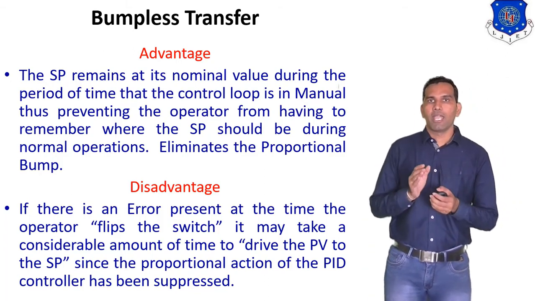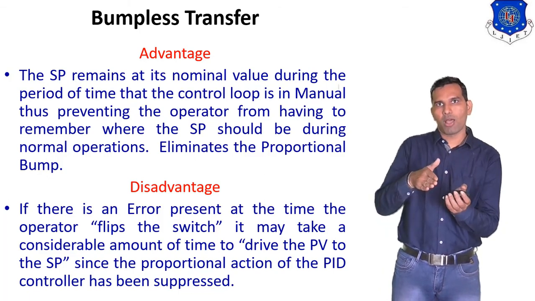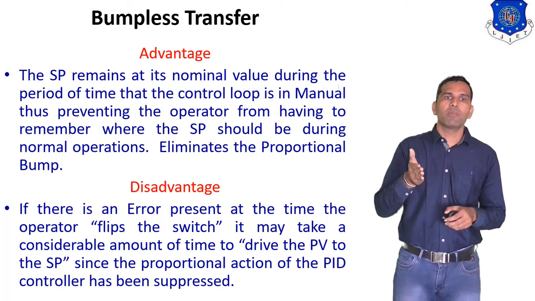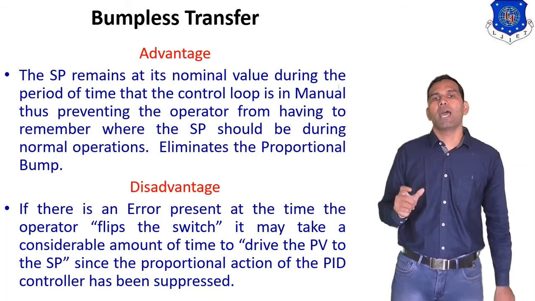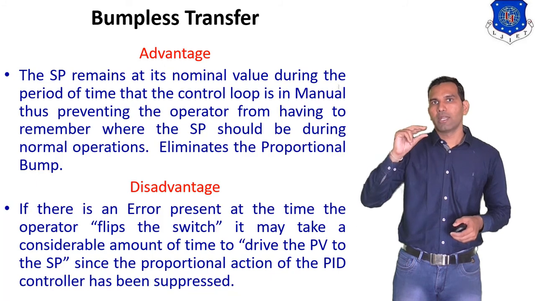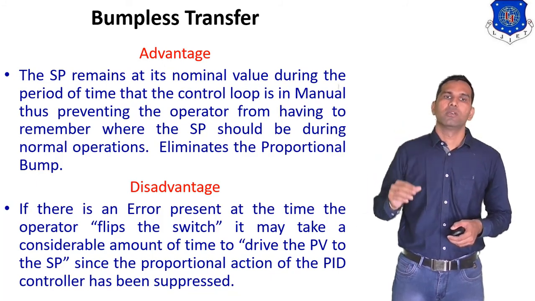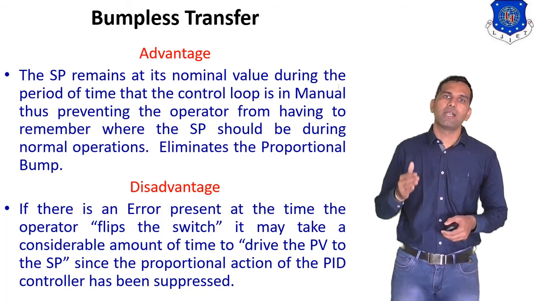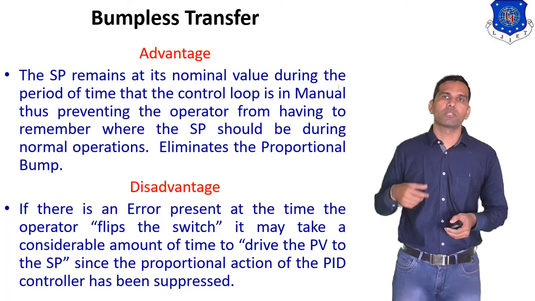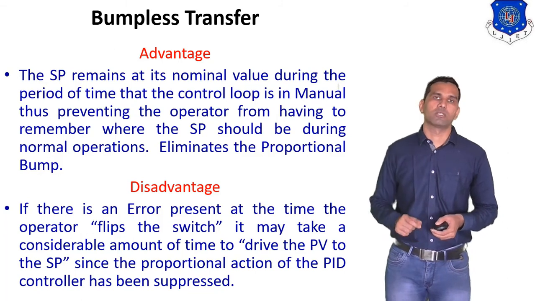That means if an error is present at the time of switching, from automatic to manual or manual to automatic, it may take a considerable amount of time to drive the PV to SP. That means it takes time to reduce the deviation, because at that time we suppress the P controller, that is the proportional action. So this is the limitation of this control system.